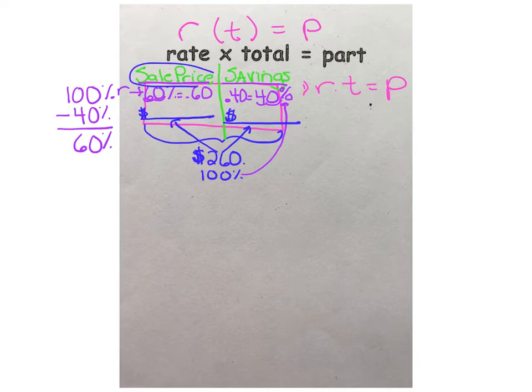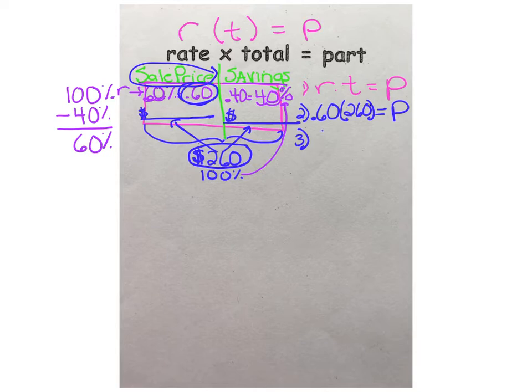If we're looking for the sale price, we're going to have to use the 60% rate, or 0.60 in our formula, and a total of $260. So let's move to our formula. We're going to take 0.60 times $260.